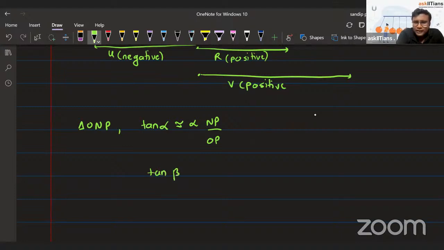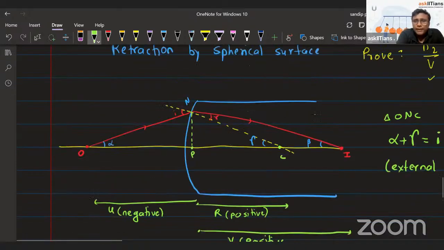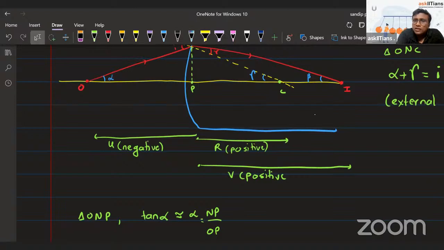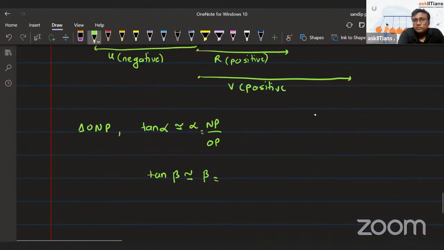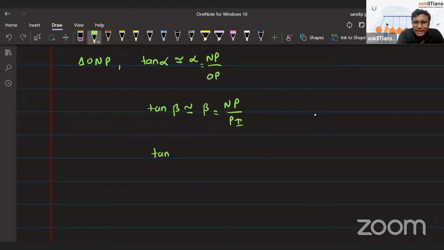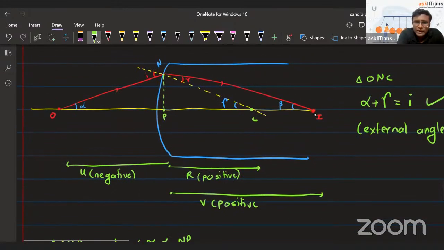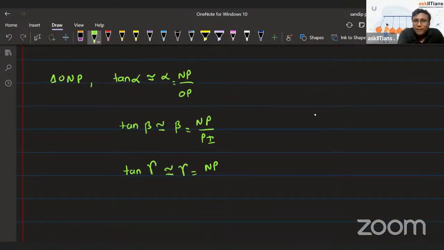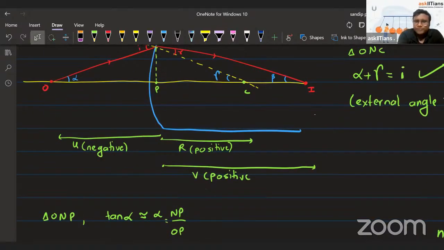Similarly, tan beta is approximately equal to beta, which is opposite over adjacent. Beta is here. Opposite is NP upon this distance, PI. Then you have tan gamma approximately equal to gamma. Gamma is NP upon R, positive R, NP upon, let's say, PC.